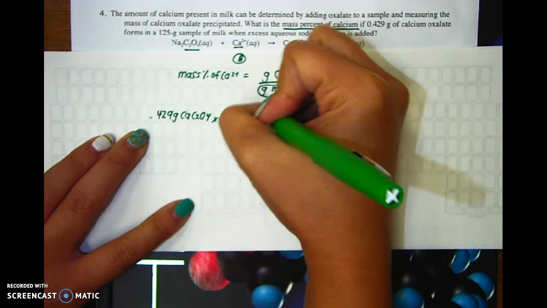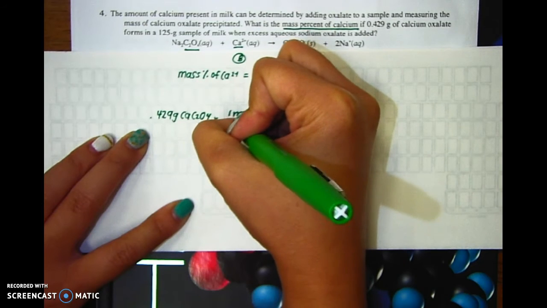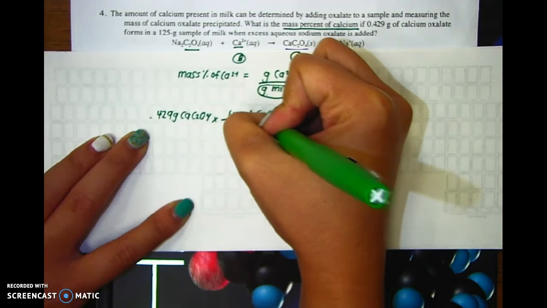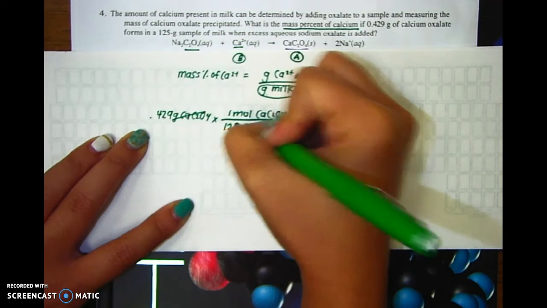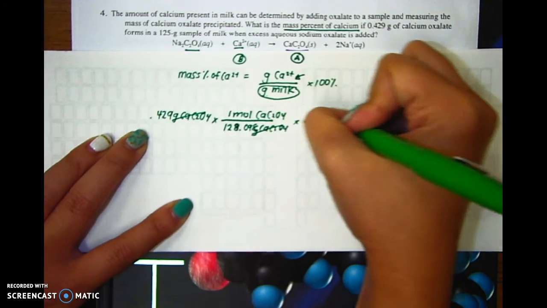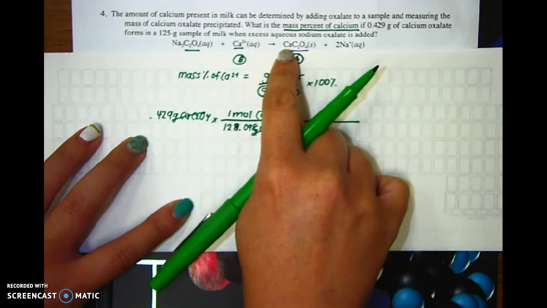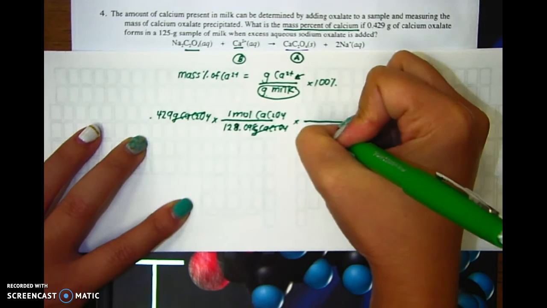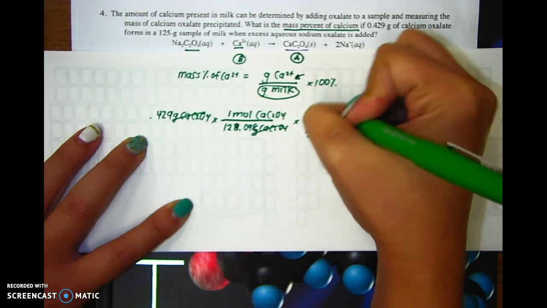I'm just going to go through my stoichiometry setup to get to my answer. I have my molar mass, 128.098, of the calcium oxalate. These cancel. And I want to switch it over into my calcium ions. So looking at my equation, it's a 1-to-1 ratio of calcium oxalate, so it's 1 mole over 1 mole of calcium ion.